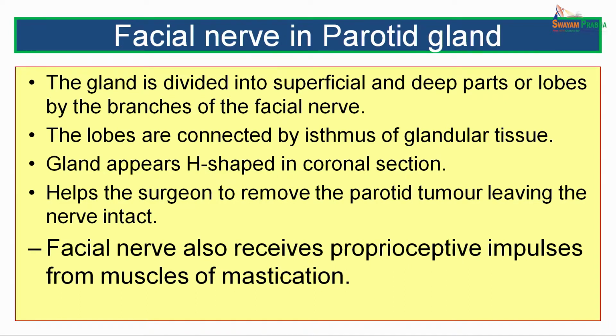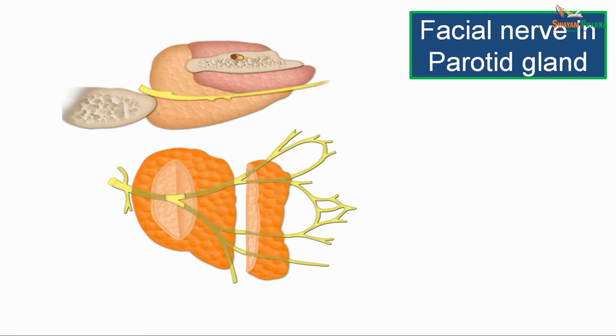The facial nerve also receives proprioceptive impulses from the muscles of mastication. This picture shows us the facial nerve within the substance of the parotid gland. Here we see the nerve entering the gland and its course in the substance of the gland. Another picture shows us the entrance of the facial nerve and how it divides into the two trunks, the zygomatico-temporal trunk and the cervicofacial trunk.